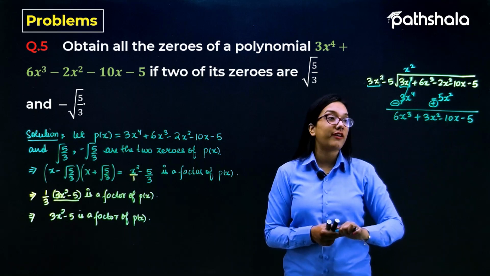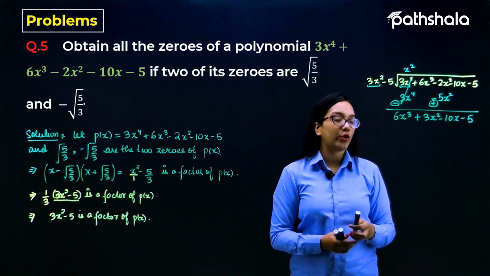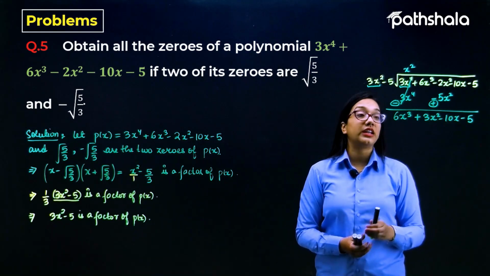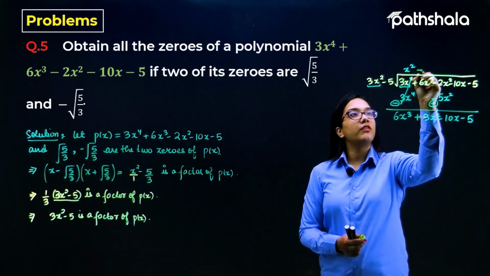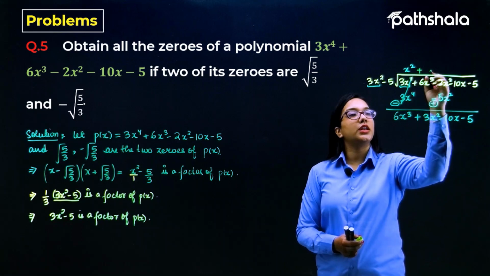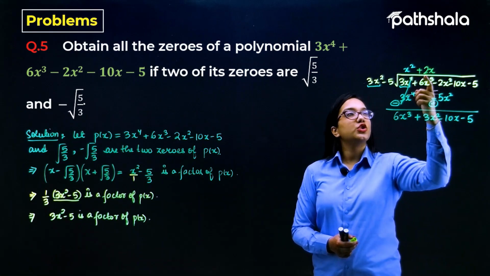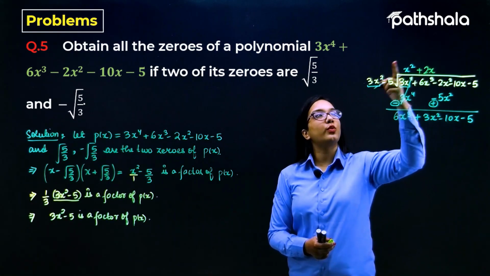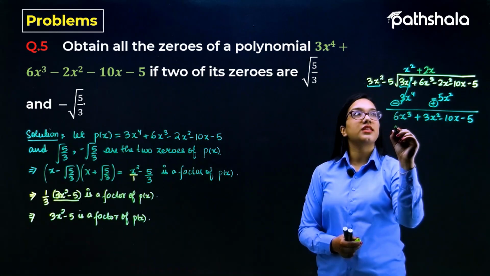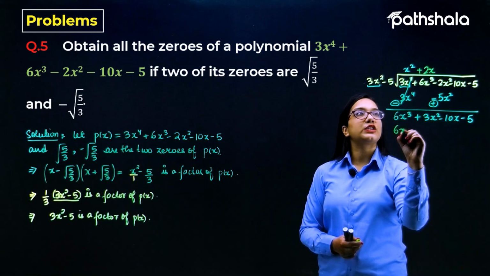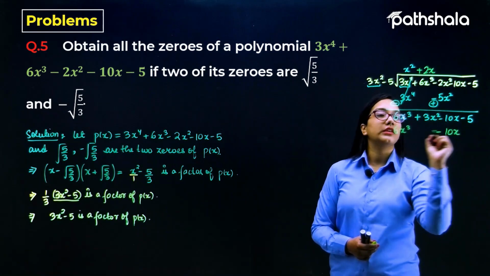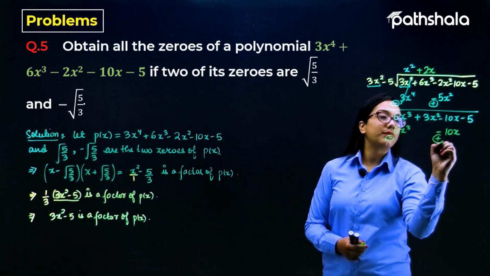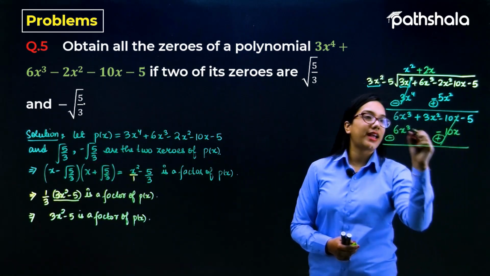Again we divide the first terms, since the degree is not less than the degree of the divisor. We get 6x cube divided by 3x square, that is 2x. Multiplying 2x with all the terms, we get 6x cube minus 10x. Minus and plus, so these terms cancel with each other.